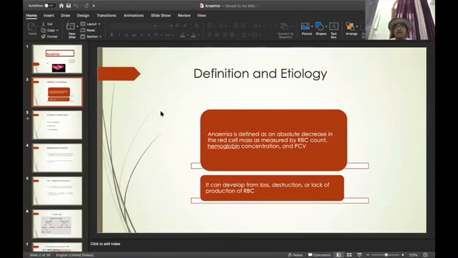Actually, the kidney releases a factor called erythropoietin, and that erythropoietin triggers the production of RBC from the bone marrow. So this is the factor responsible for the production of RBC.